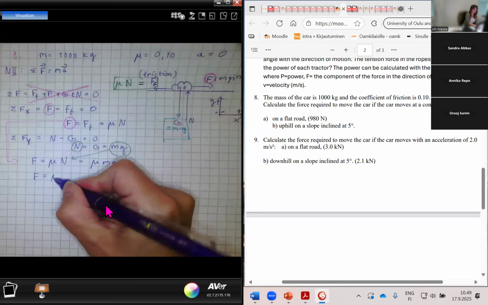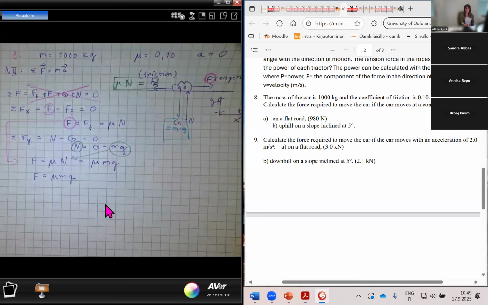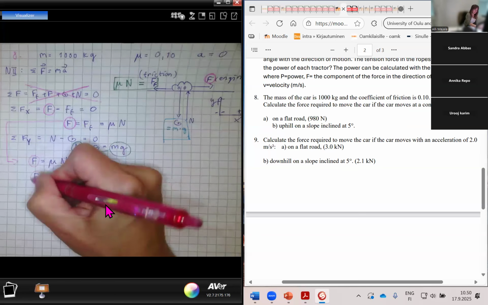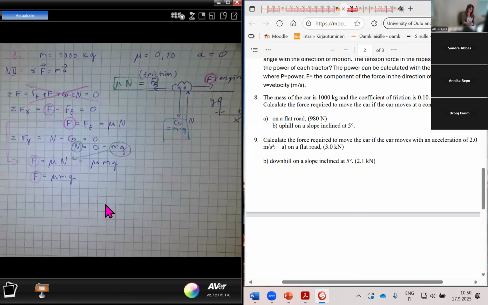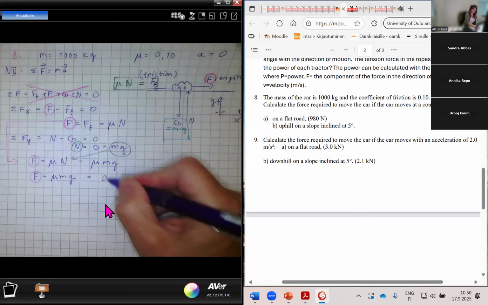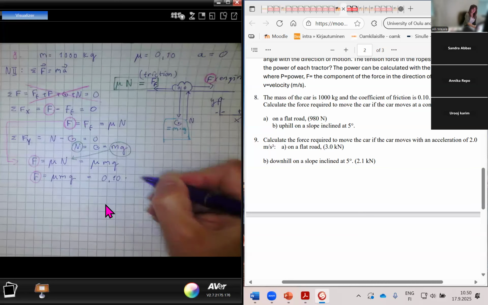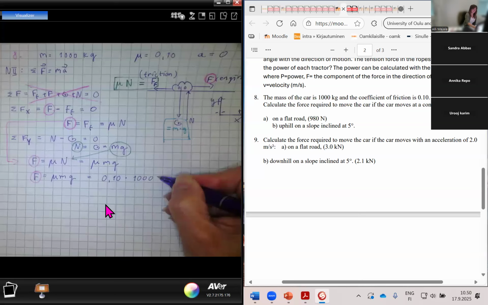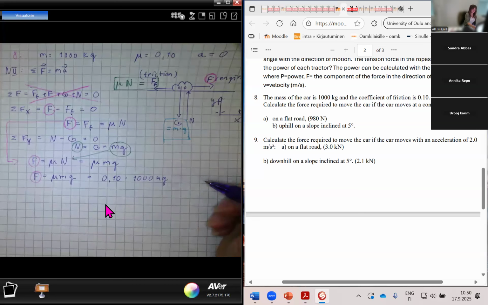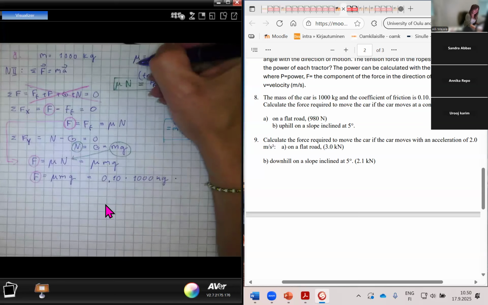Okay, so now I know that my engine force here is this, and now I can calculate it. Here.